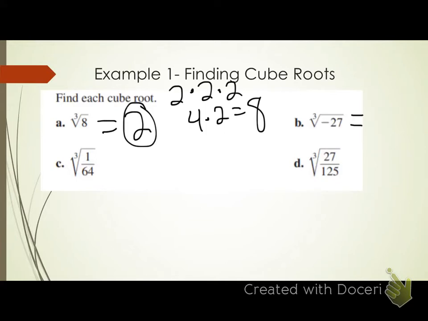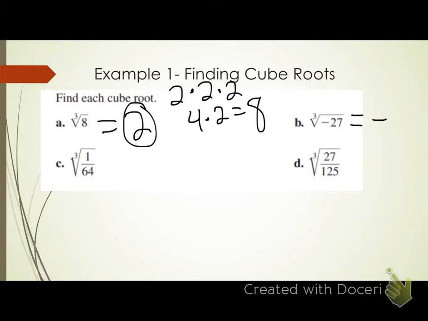Letter B, we want the cube root of negative 27. Now, square roots, in Algebra 1, we cannot take the square root of a negative number. We can, however, take the cube root of a negative number. Anytime you take the cube root of a negative number, your answer is going to be negative.